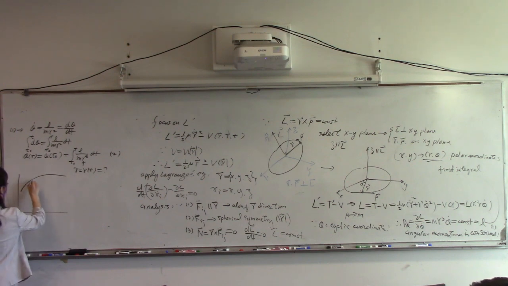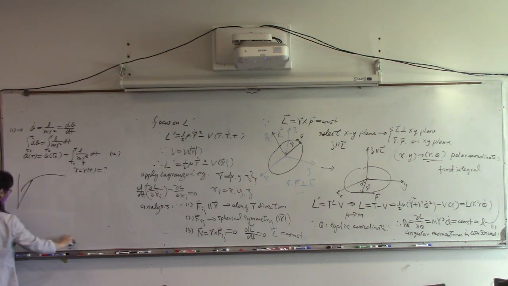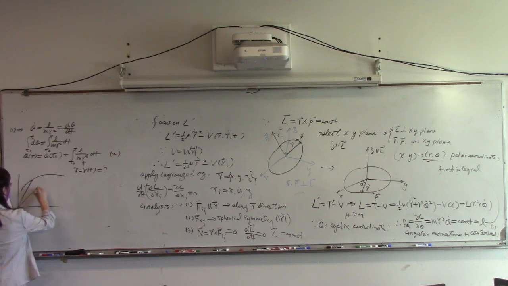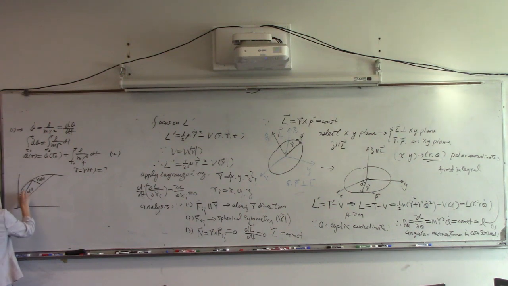The orbit at time t is here, and then at time t plus delta t it is here. So now we have this r, if this d theta is very small.